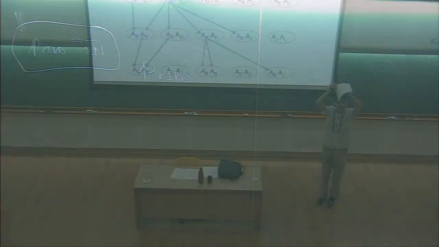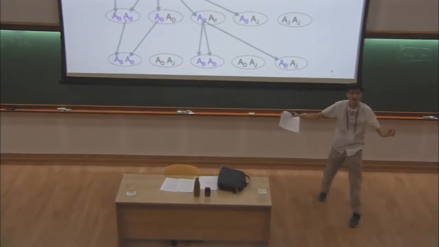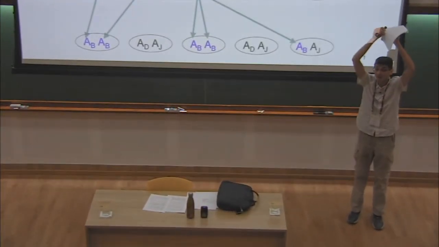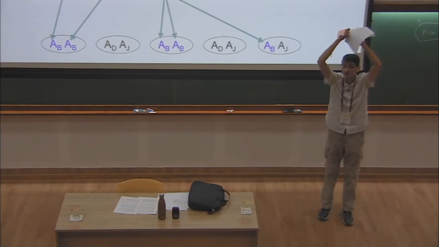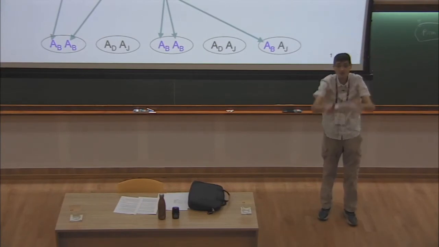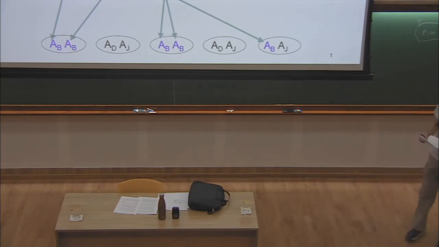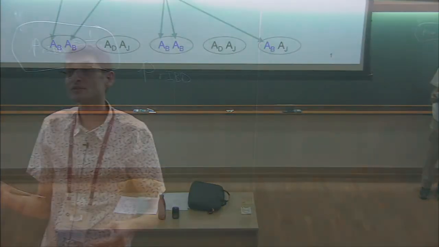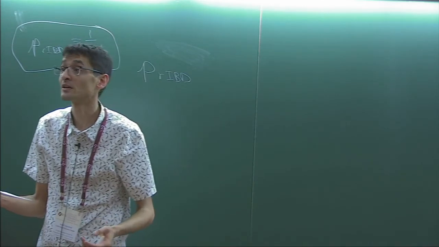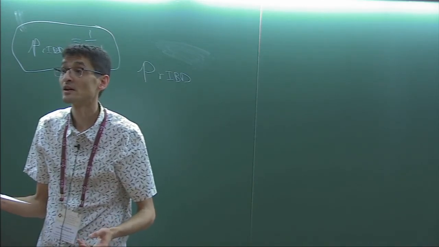So one way that two alleles could be identical from the preceding generation is that they both came from a female in the immediately preceding generation. So let's think about what is the chance that both alleles came from a female. Well, first of all, what's the chance that any one allele came from a female?